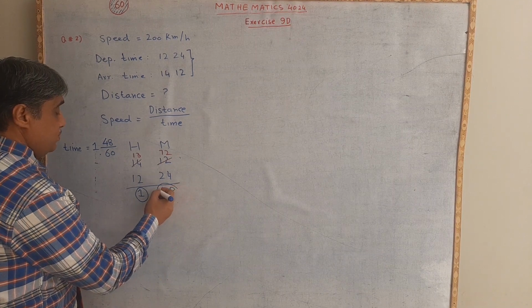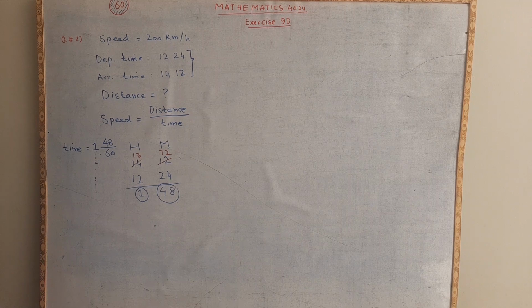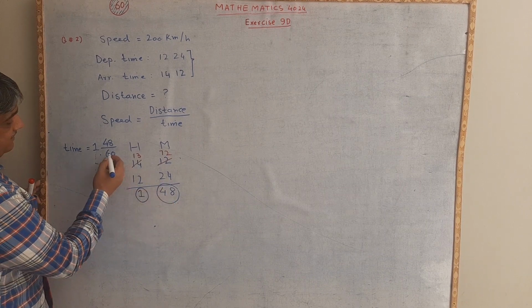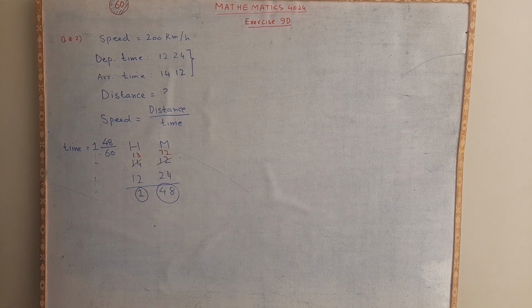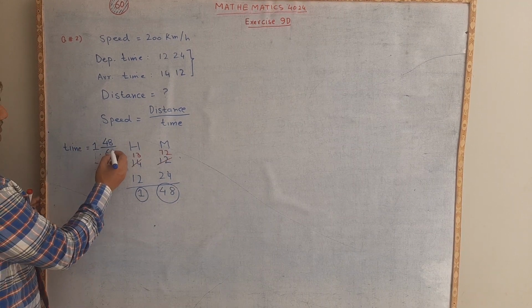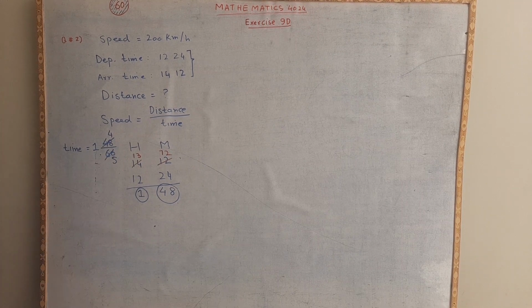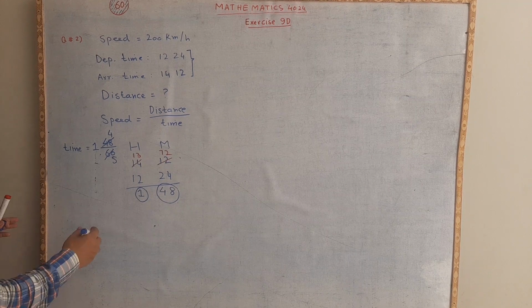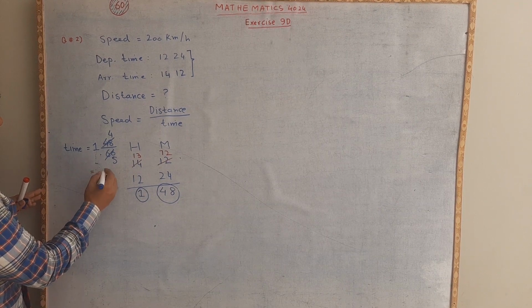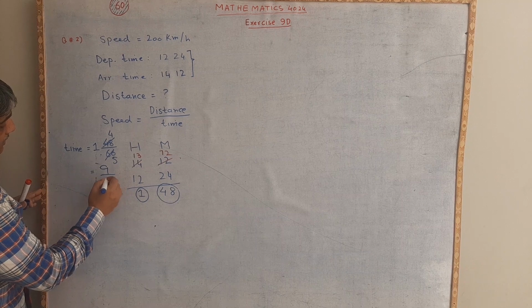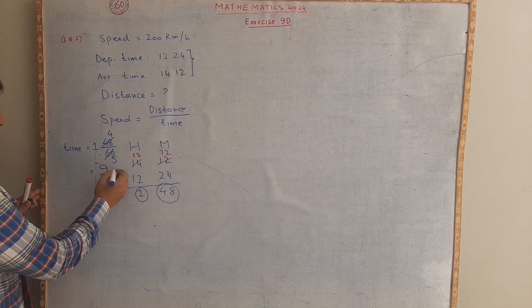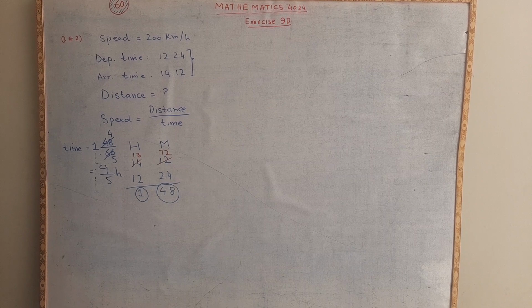But these minutes, when we want to convert them to hours as well, this will be divided by 60. So 1 whole 48 divided by 60. This is 4 and this is 5. So we can write it in simplest form, 9 over 5, and that will be hours.